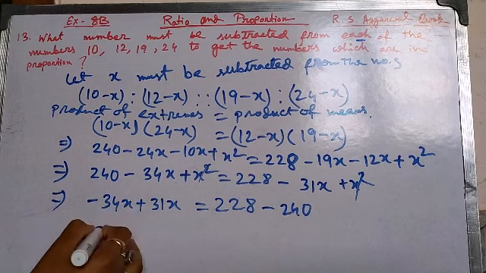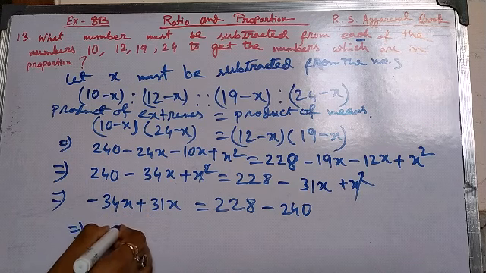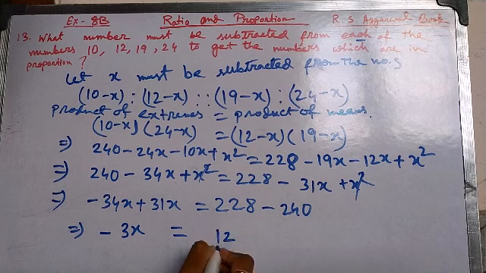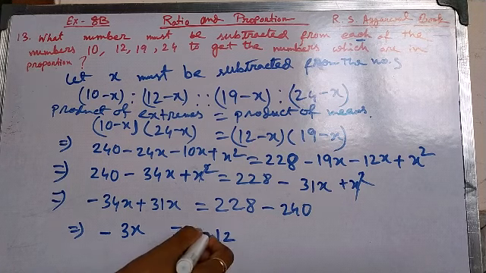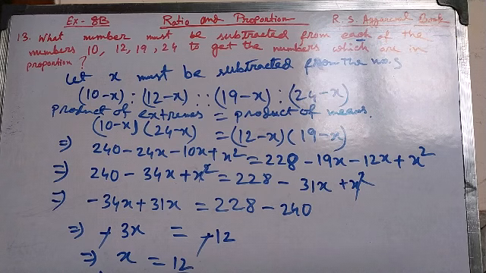Negative sign, this is the larger number, so minus, and this is 3x equal to negative 12, because 240 is larger. Minus minus will be cancelled, so x equal to 12 by 3, that means x equal to 4.